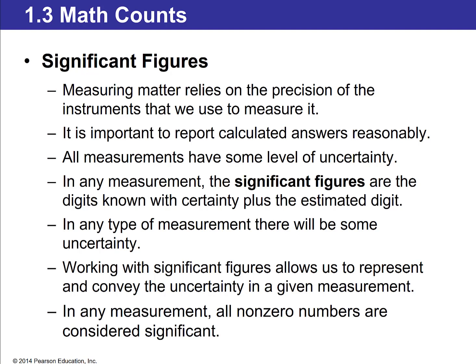So one of the rules, rule number 1, all the numbers that you see between 1 and 9, they're significant. They're considered measured. So 1 through 9 are always significant.